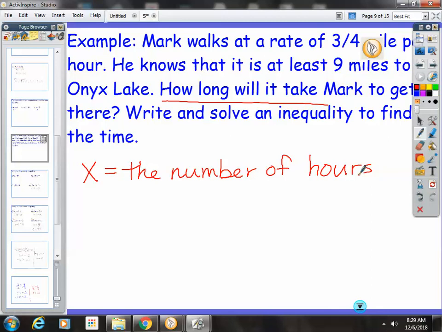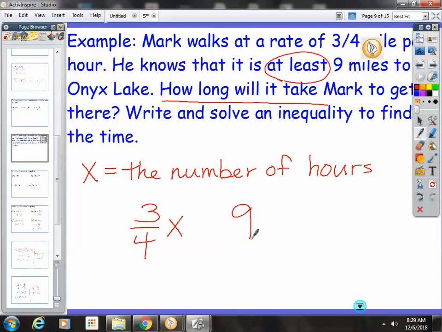Let's see where we're at. He walks at a rate of 3/4 mile per hour. That word per makes me think multiplication. 3/4 mile per hour. Well, how many hours is it taking him? We don't know. That's what x is. 3/4 mile times x. It says it's at least 9 miles.